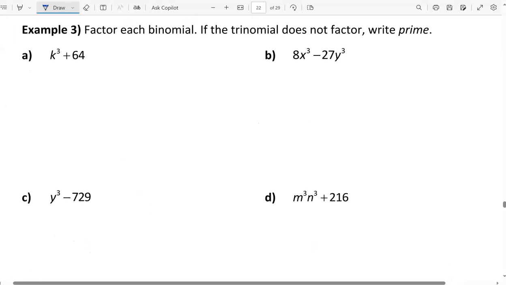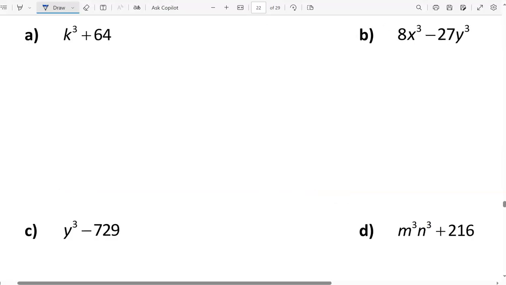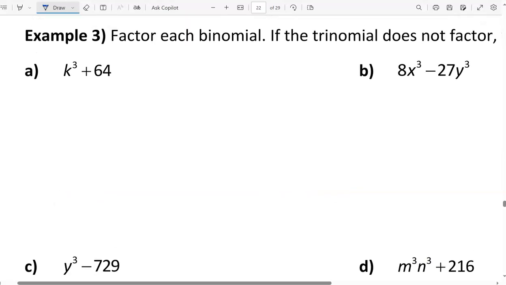All right, so factor each binomial. What you're going to recognize here is that k cubed plus 64 is the sum, that is the addition, of 2 perfect cubes. It's the cube of k and the cube of 4.